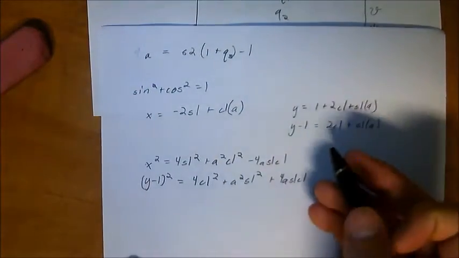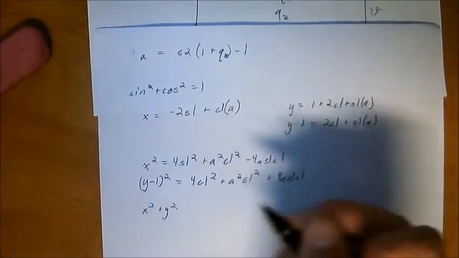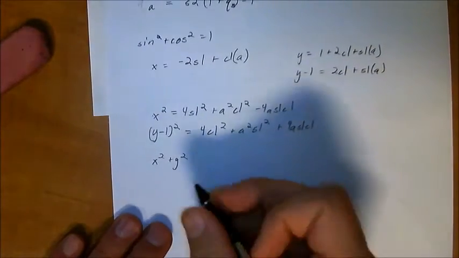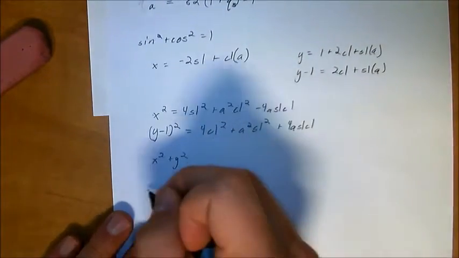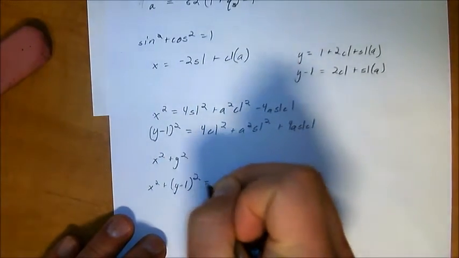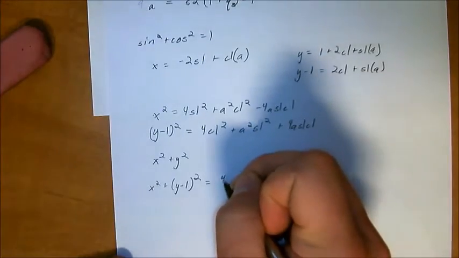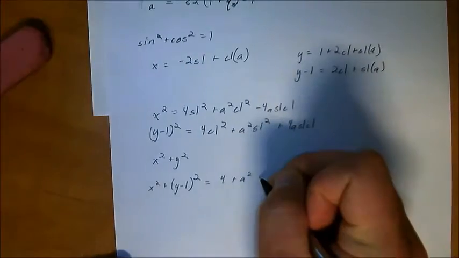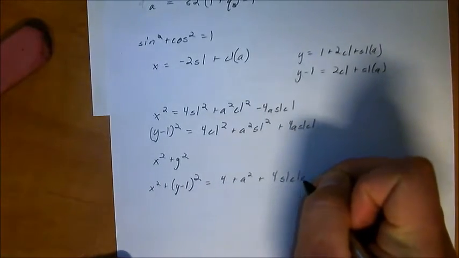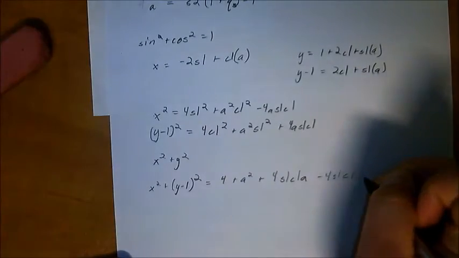Now, if we do x squared plus y squared, which is what I was talking about before, you will end up with x squared plus y minus 1 squared is equal to 4 plus a squared plus 4 sine q1 cosine q1 a minus 4 sine q1 cosine q1 of a.